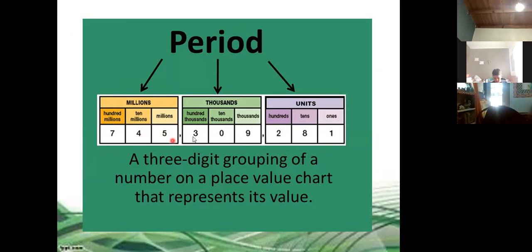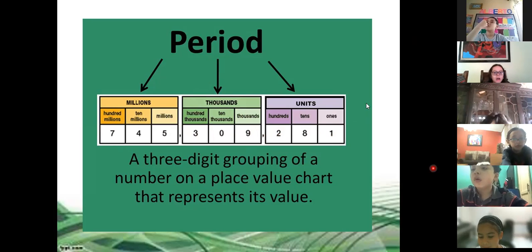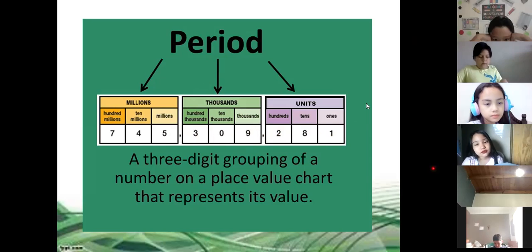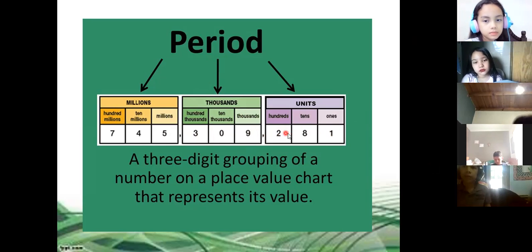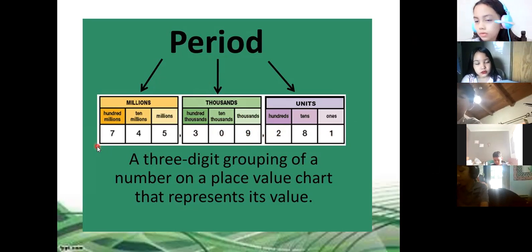Millions. 309. 281. Excellent. You read the last part, 281. We have 309, that's right, and 745.